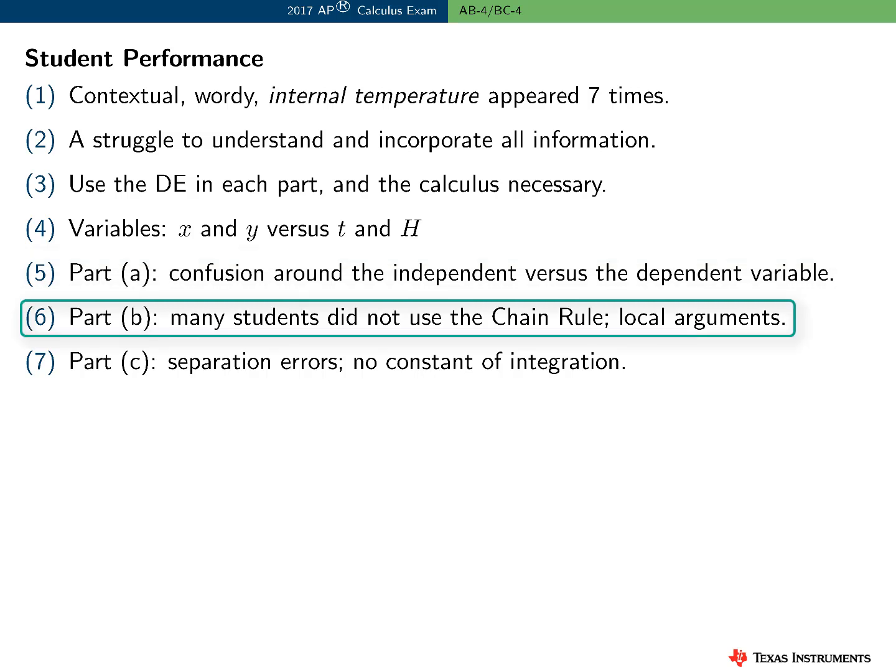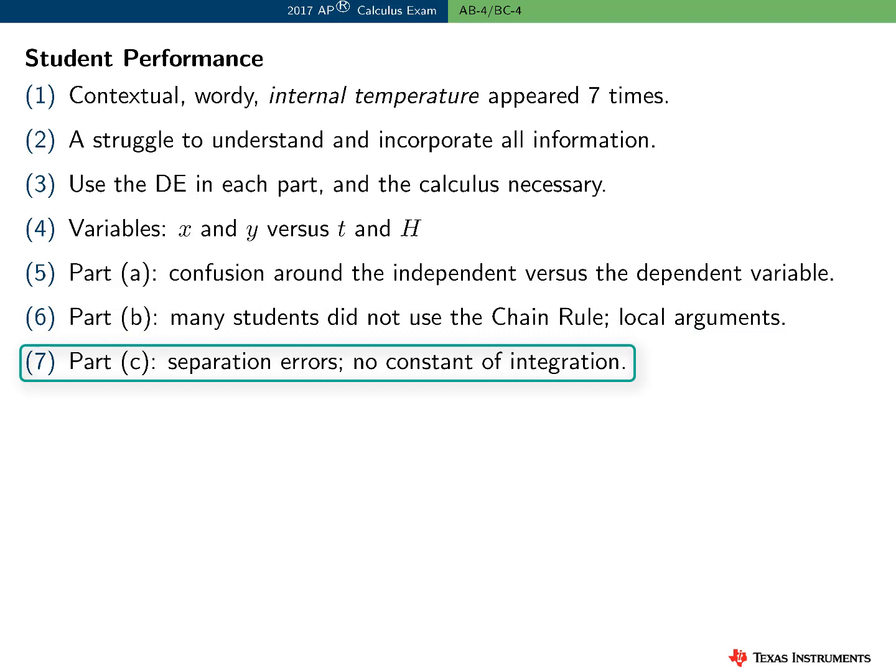In Part B, many students didn't use the chain rule, and some used local arguments in trying to argue about the sign of the second derivative of h with respect to t. And in Part C, unfortunately, there were separation errors, and some students did not include a constant of integration or introduce this constant too late in the solution process.